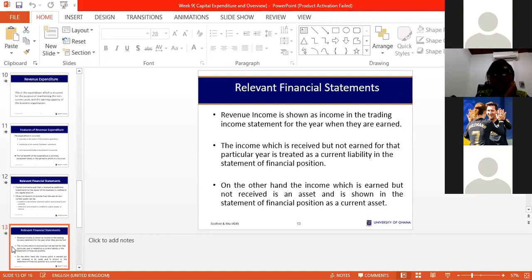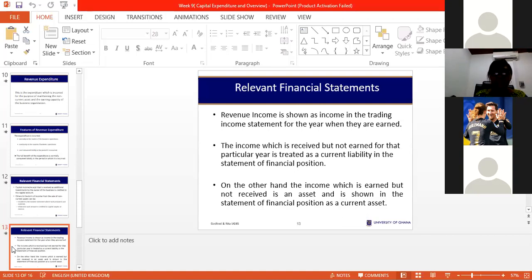And you haven't fulfilled your portion of the contract. So you have not yet earned that money. So you show it as a current liability because in a short time, within the next 12 months, you would have supplied the goods to earn it. But if at the end of the period that hasn't been done, then you have to treat it as a current liability.